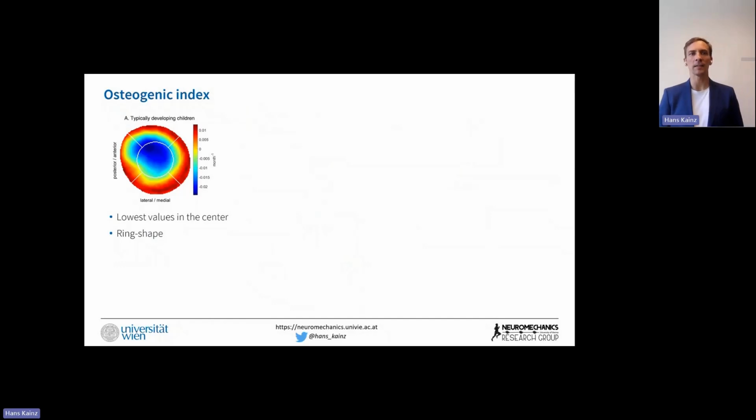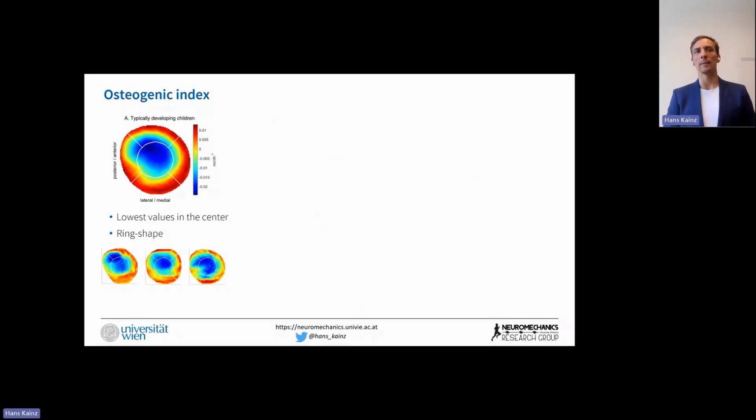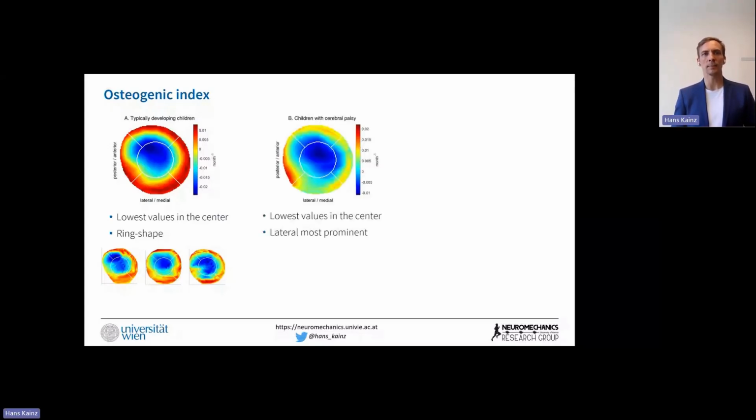In our healthy participants, we found this ring shape, as you can see here. These are examples for 3 healthy participants, and the shape was quite consistent between the participants. In our CP participants, we found a different shape, and the most prominent growth was on the lateral side, as shown in this figure.